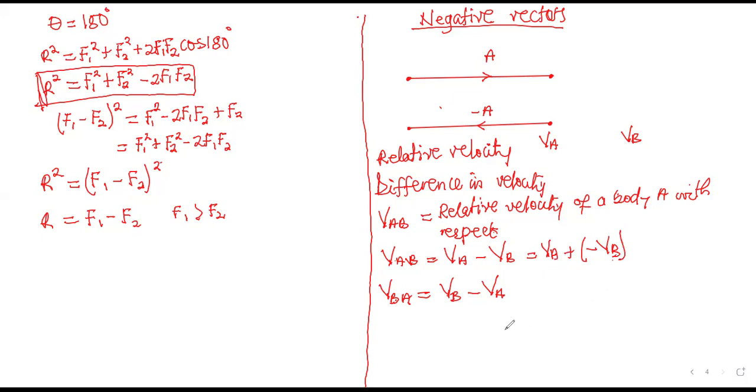So that is the idea of negative velocities. The negative velocity has the same magnitude as the positive velocity, but its direction is reversed. We are going to apply this in solving questions under this concept.